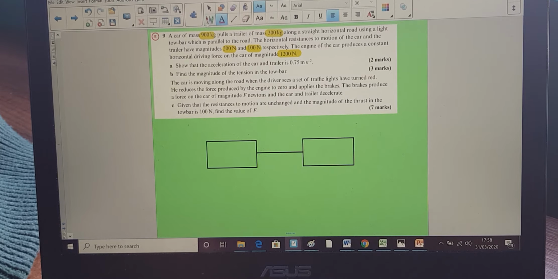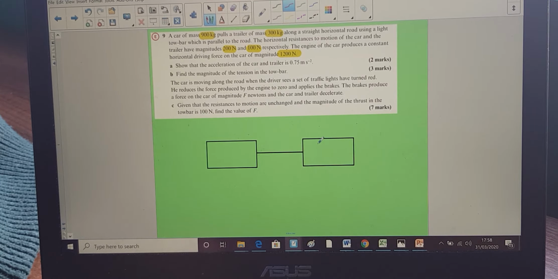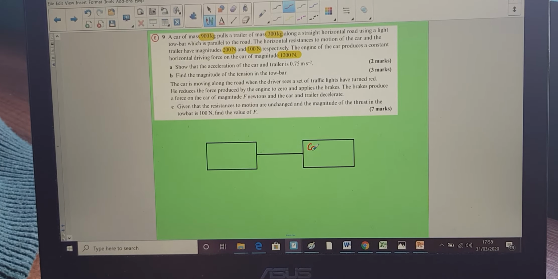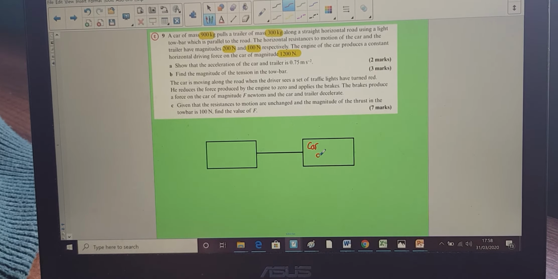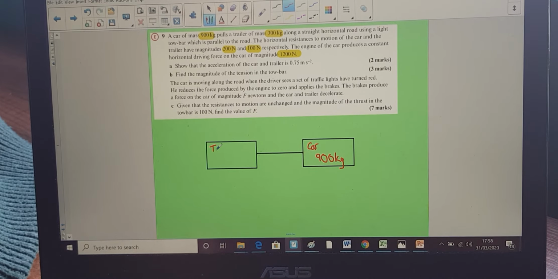So this thing is the car. It has a mass of 900 kilograms. This is the trailer.